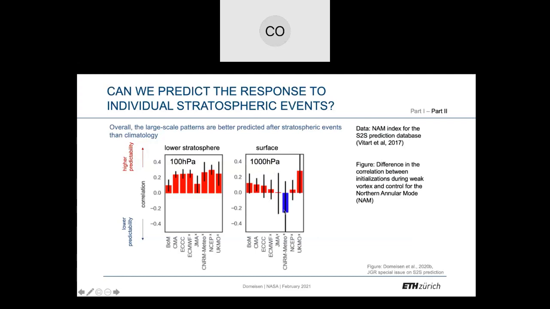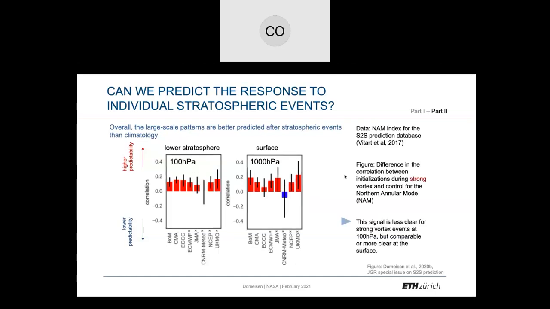You can see there are huge error bars. Some models have a worse prediction skill, even for the hemispheric pattern. But in general, they were still in the positive, but as you can see, it already becomes a lot more difficult. Now, if you look at this for strong vortex events instead, then you can see a similar picture, maybe slightly reduced already here in the lower stratosphere, also generally positive at the surface.